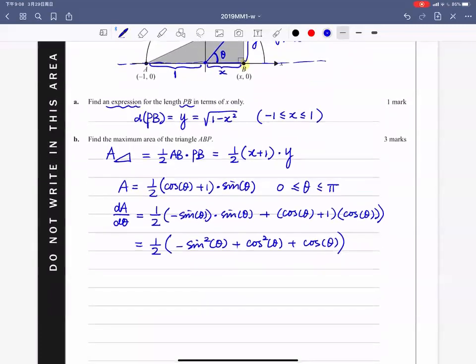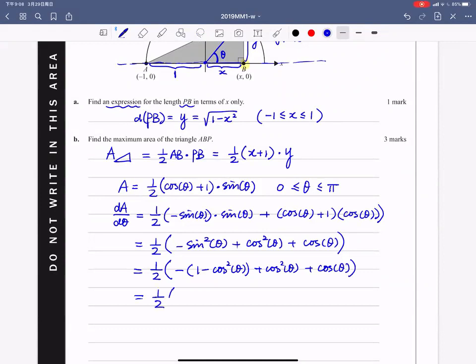If only this is a positive sine square, then I could just use sine square plus cos square equals 1, isn't it? But no, not the case. I need to do some further substitution. Let's try to use minus 1 minus cos square theta plus cos square theta plus cos theta.